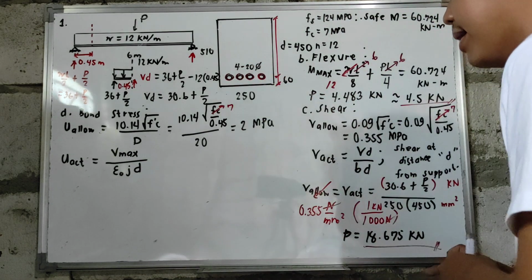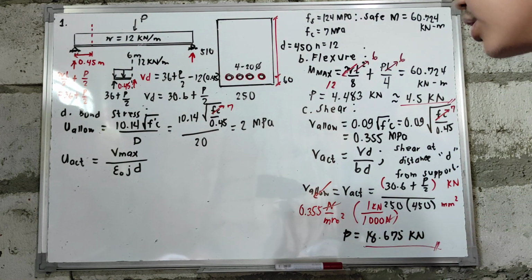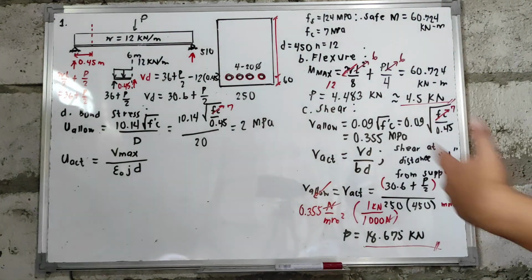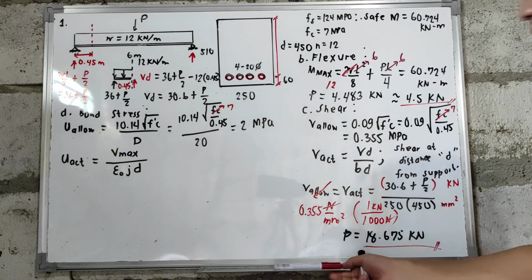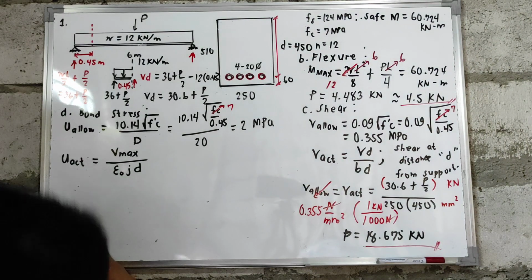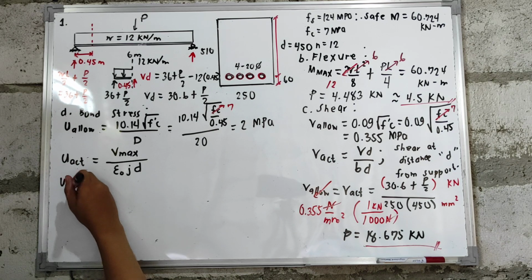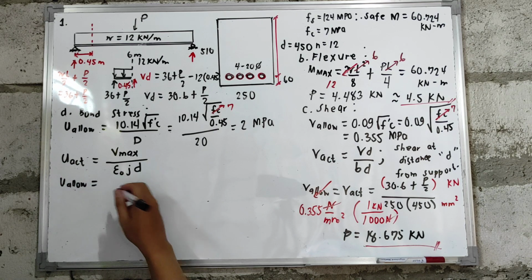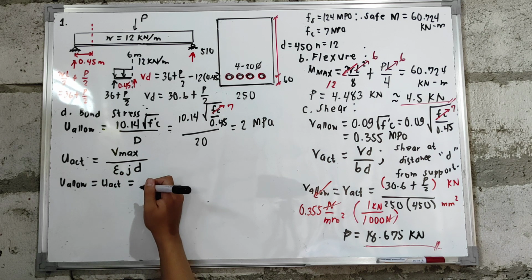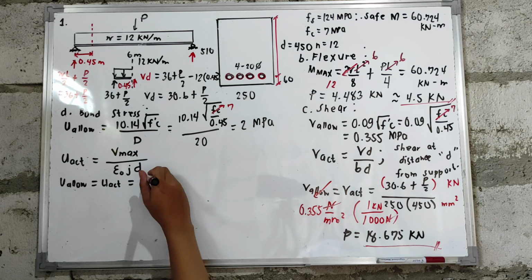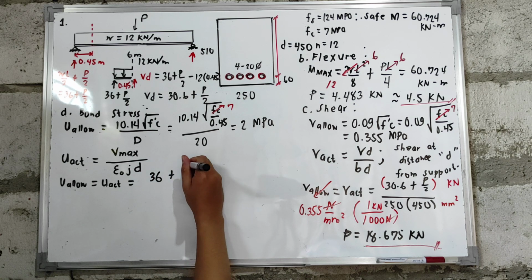So, we have 4 bars. With this, our J is what we computed earlier. And D is our effective depth. Same principle here: we equate our U allowable, the allowable bond stress, to the actual, which is equal to our Vmax here. That is 36 plus P over 2.